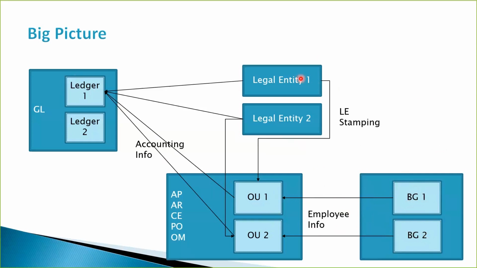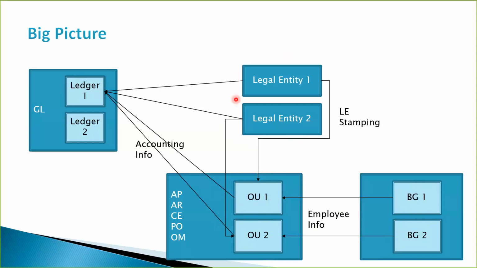Up here, legal entity 1 is associated with operating unit 1, and legal entity 2 is associated with operating unit 2. That means operating unit 2 is taking care of the financial transactions, or is the one dealing with the customers, for legal entity 2, and the same for operating unit 1 and legal entity 1.